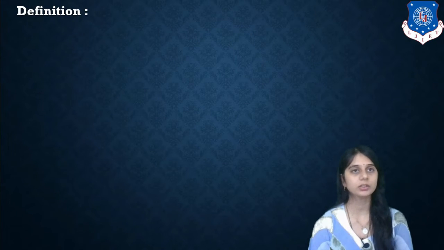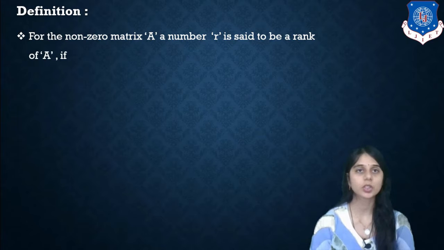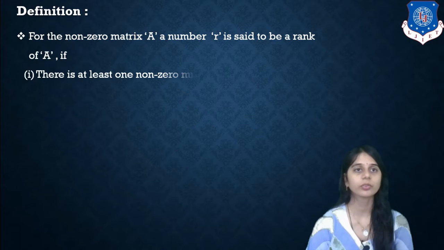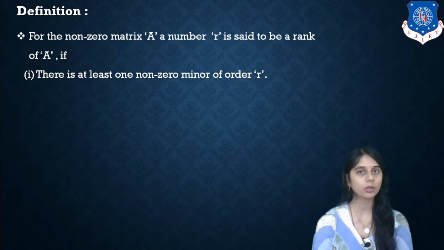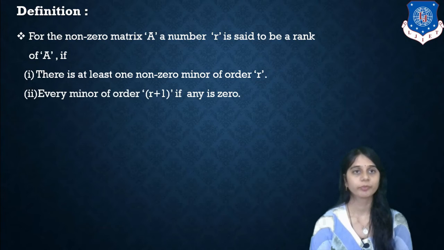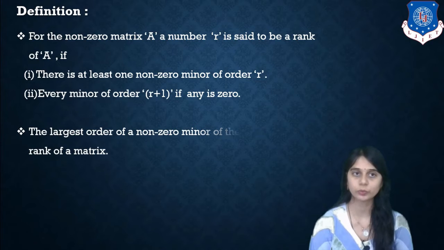First definition. For a non-zero matrix A, a number R is said to be the rank of A if there is at least one non-zero minor of order R, and every minor of order R plus 1, if any, is 0.